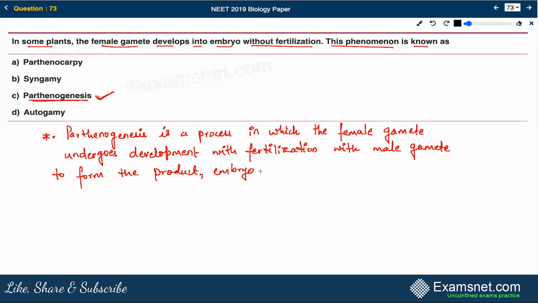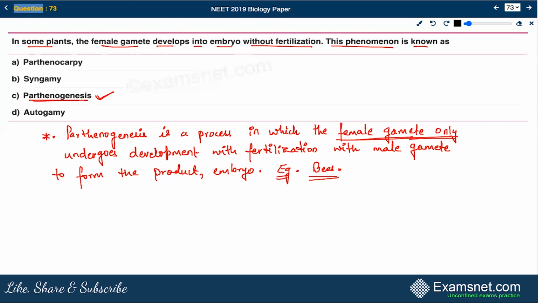All right, so this is the case. And one of the classical examples of parthenogenesis, in which the female gamete only undergoes development without fertilization with a male gamete to form the embryo, is the bees. Bees are a classical example of parthenogenesis.